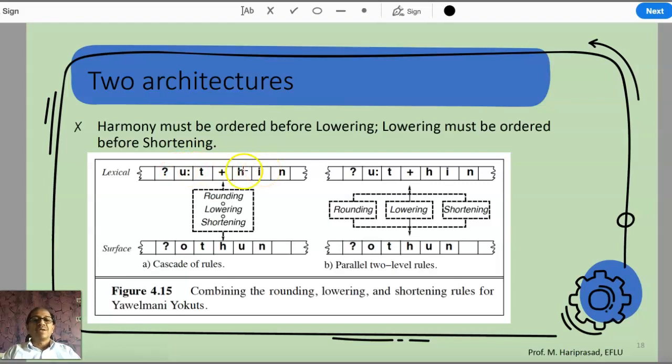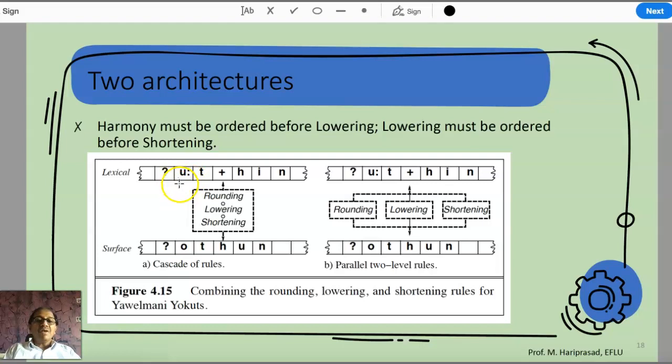Then lowering. Now, when lowering applies, both are high. If one of them is lower, then it should apply, right? So this vowel U becomes O. It becomes lowered. Then after lowering, you have O, right?